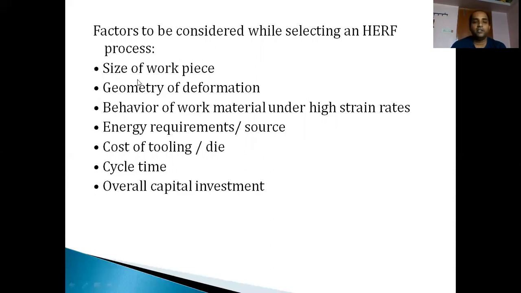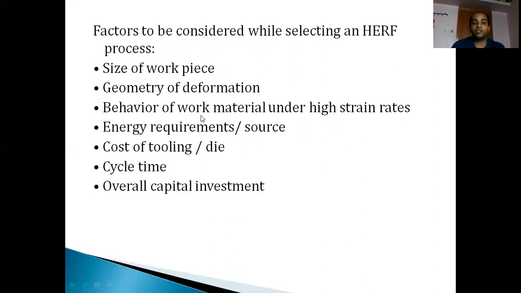At that time, we depend upon the size of the workpiece, what is the geometry of deformation, at which particular points you want to apply the load, and which type of work material you are preferring such that it should withstand high strain rates. That is, if you take the example of a boiler vessel or the aircraft's body structure or the rockets, they have to withstand high strain rates along with higher temperatures when they are moving in space.